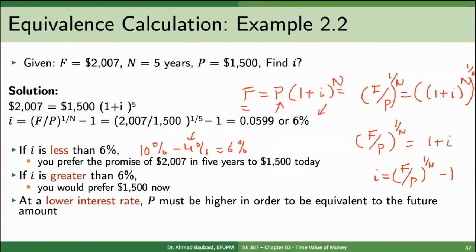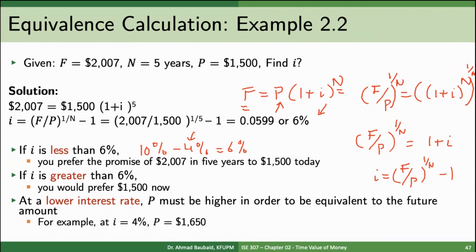So P should increase in order to keep F the same, right? Because F grows proportional to P and I and N. The bigger all of these quantities are, the bigger F is. So if you make one smaller, you would have to compensate for it in order to get the same value. So if the interest rate is lower, then the amount that you invest has to be higher in order for it to be equivalent to the future amount.